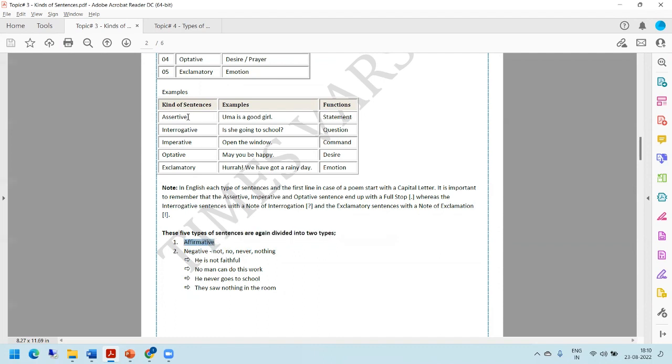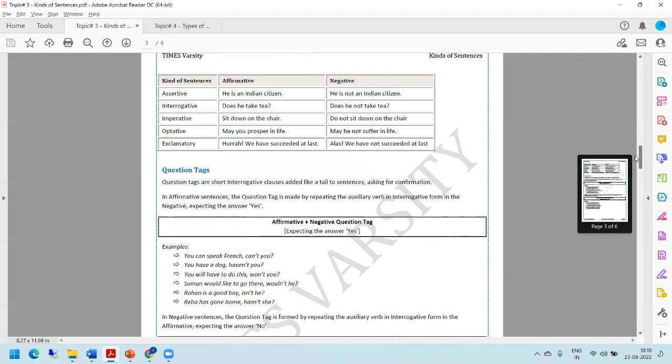If we don't use these words, then it becomes an affirmative sentence. Now we will see some examples here. For an assertive sentence, if we are not using not, no, never, these words, then it is affirmative. You can see here in case of assertive sentence, he is an Indian citizen.